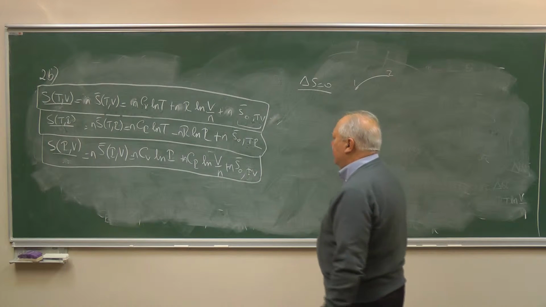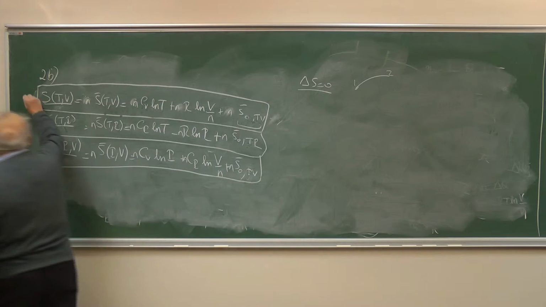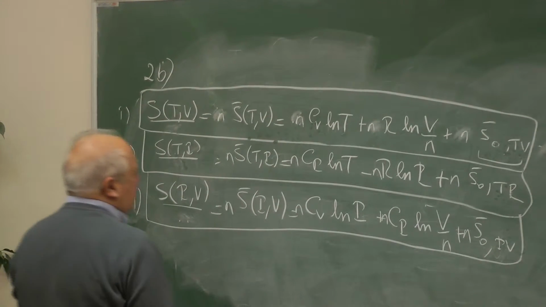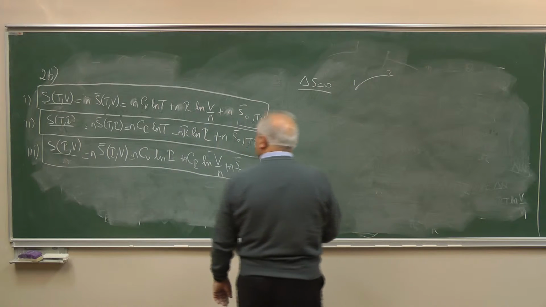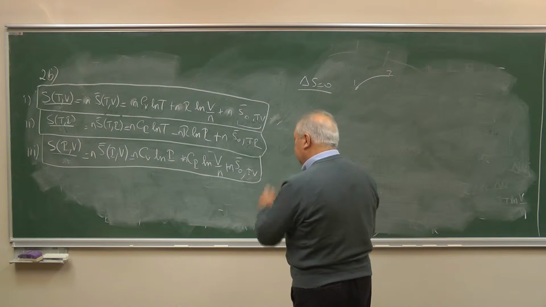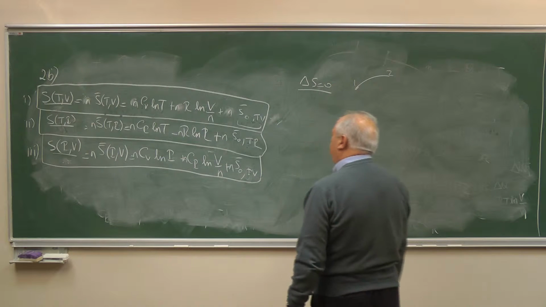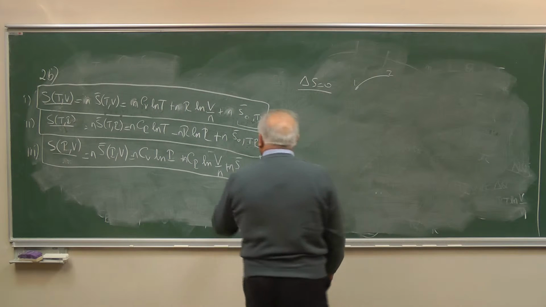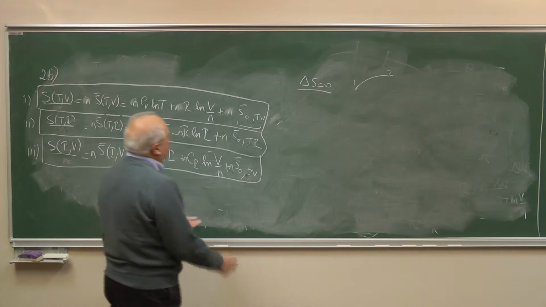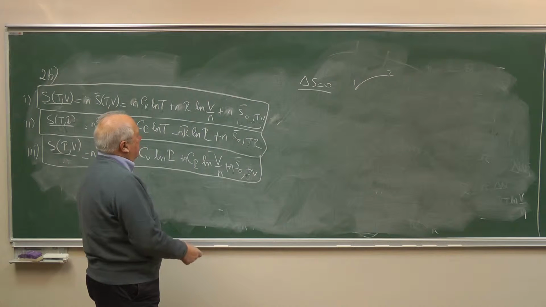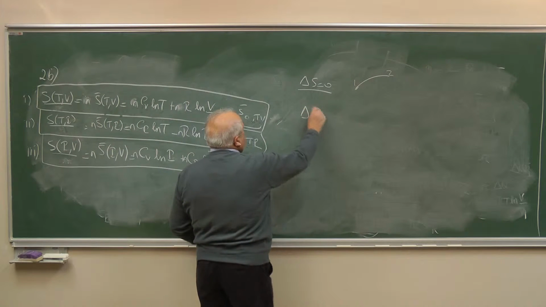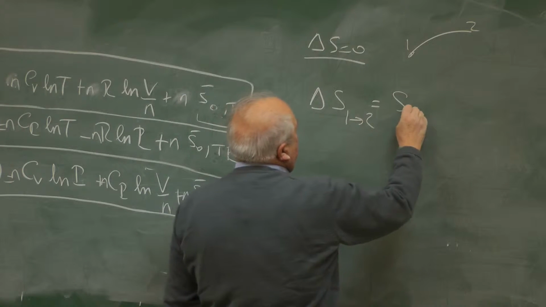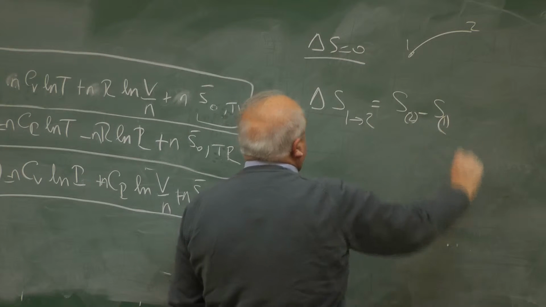Let me start. So let me call this 1, 2, 3. Let me start from 3 because it's the famous thing. So this is a constant. So when you make delta S from 1 to 2, it is simply, since this is a state function, S2 minus S1.